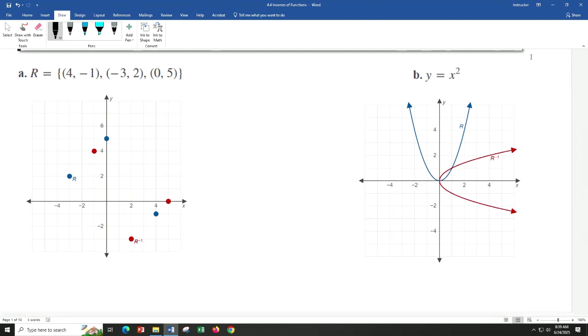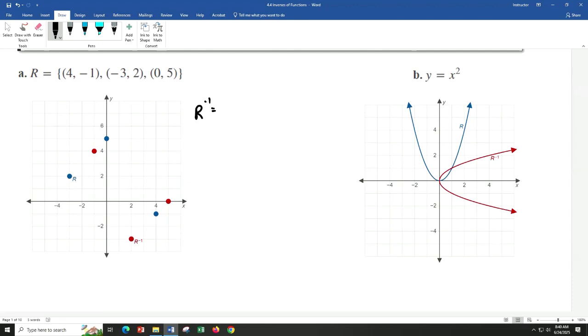In your homework, if you wanted to see the inverse, you're literally just going to invert your X and Y. Okay, so your R to the -1 would be, and I'm not going to go through the whole list of these. I do have them written out in your notes that I'll download later today. But if we look at this, in R, I have (4, -1).